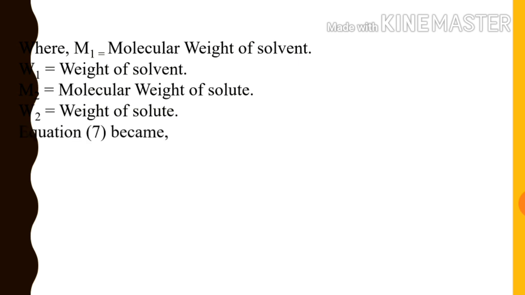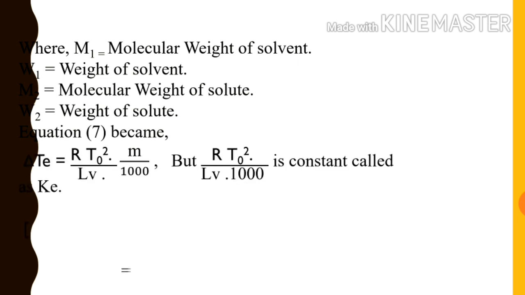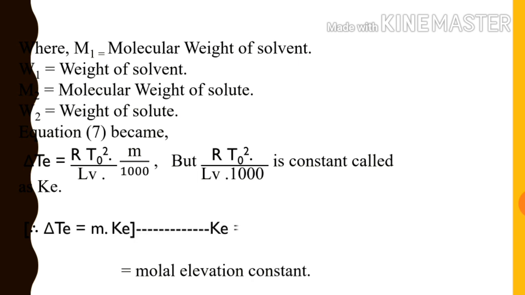Therefore, equation 7 becomes, after putting the value of equation 8 in 7, delta TE is equal to RT0 square upon LV into m upon 1000. Now here RT0 square upon LV into 1000 is a constant, and the constant is called Ke. Therefore, we get delta TE is equal to m into Ke, where Ke is the ebullioscopic constant or molal elevation constant.